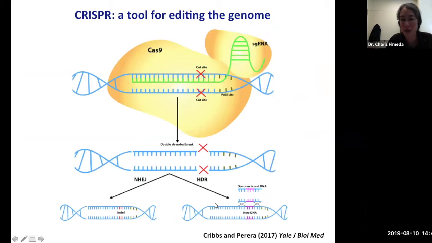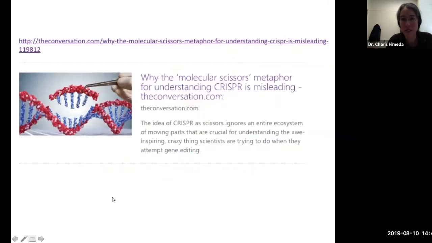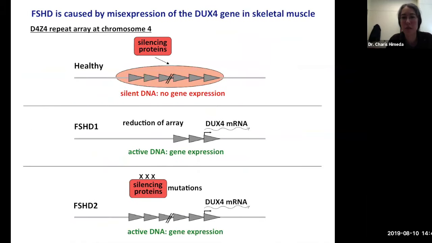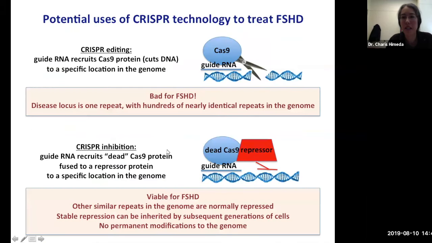And this is the one where there is a concern, where edited cells may be oncogenic. This pathway, that is not a concern. And luckily for Duchenne, a lot of the dystrophin mutations can be fixed using this pathway. So it should not be a concern for Duchenne, and it won't be a concern for us, because we're not using the CRISPR tool to cut at all. We are using it to repress. So in many ways, this is really a much safer system.